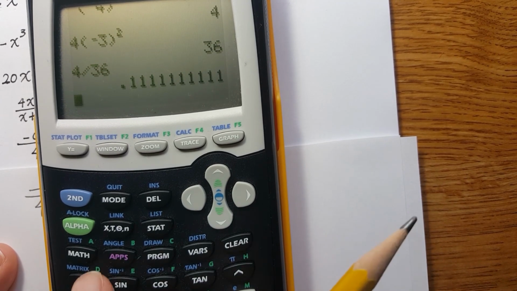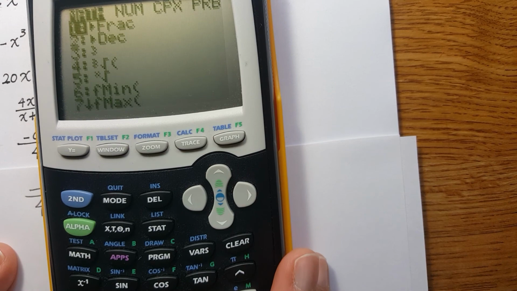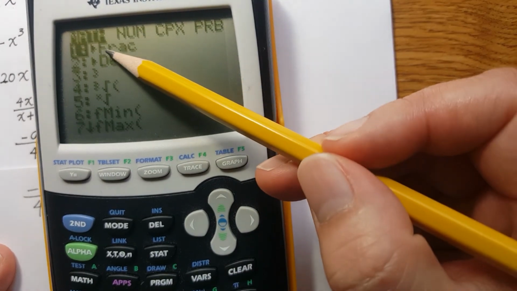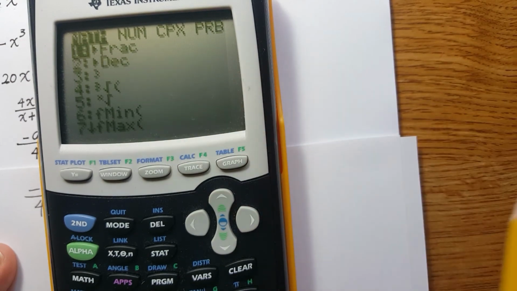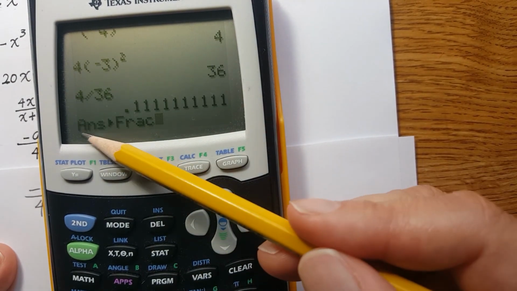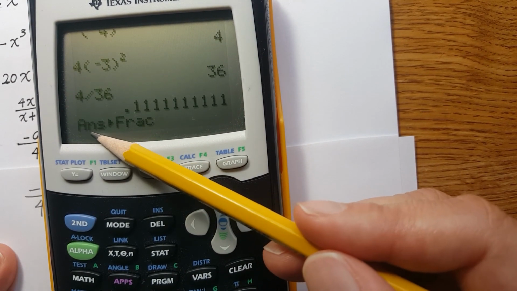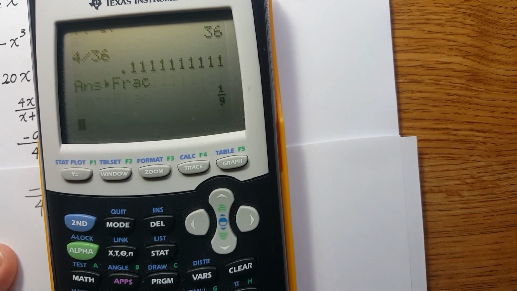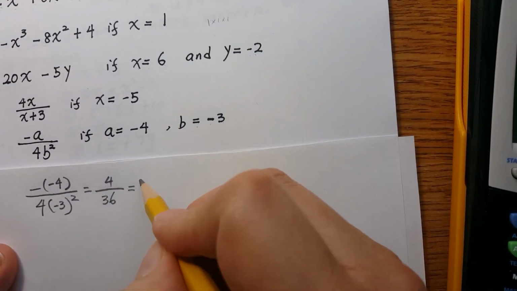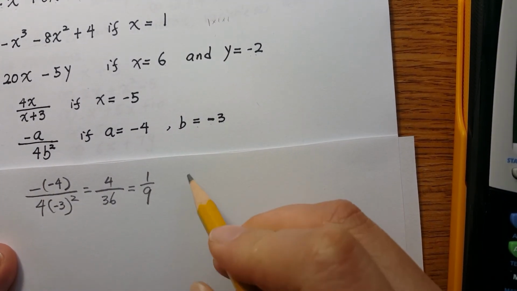You press math, and then you will see frac. It stands for fraction. What number is this? This is 1. Then you press 1. And then you will see ANS. That means answer turned into fraction. And you press enter. So now you get 1/9. So that means this is 1/9.